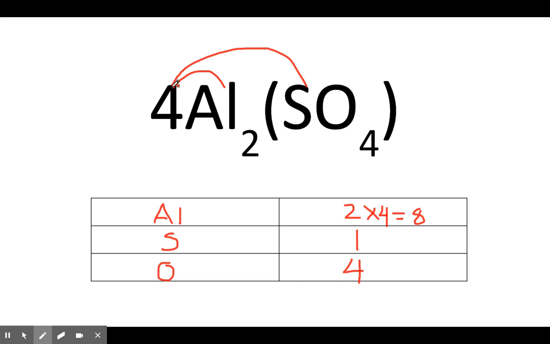This is just like the distributive property in math, guys. So 4 times 1 is going to be 4. And then last but not least, 4 times 4 is 16. And that's it, guys.